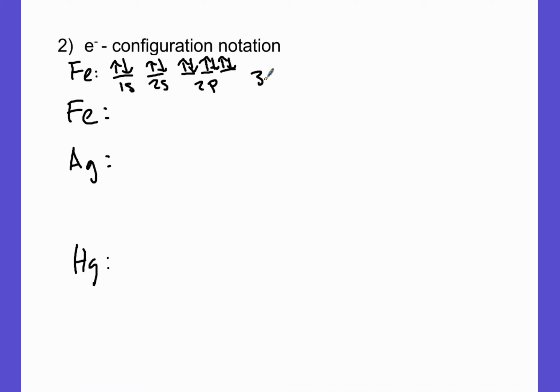Then we go 3s, can't. 3p. Should follow with 4s. And then I'm going to do a 3d, right?